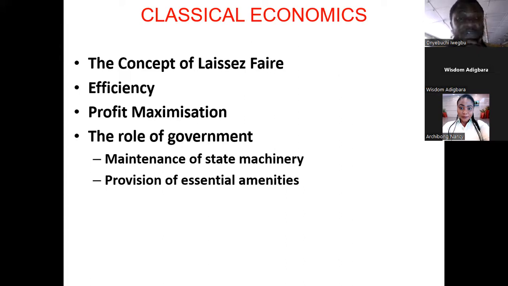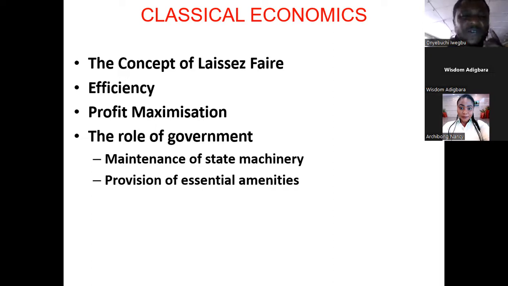Go to a private university today, in the department, you will see only 1 staff. In your faculty, there might be only 3 non-academic staff, and those 3 will efficiently discharge their duties. So the classical school emphasizes efficiency, getting the best output using minimum input.